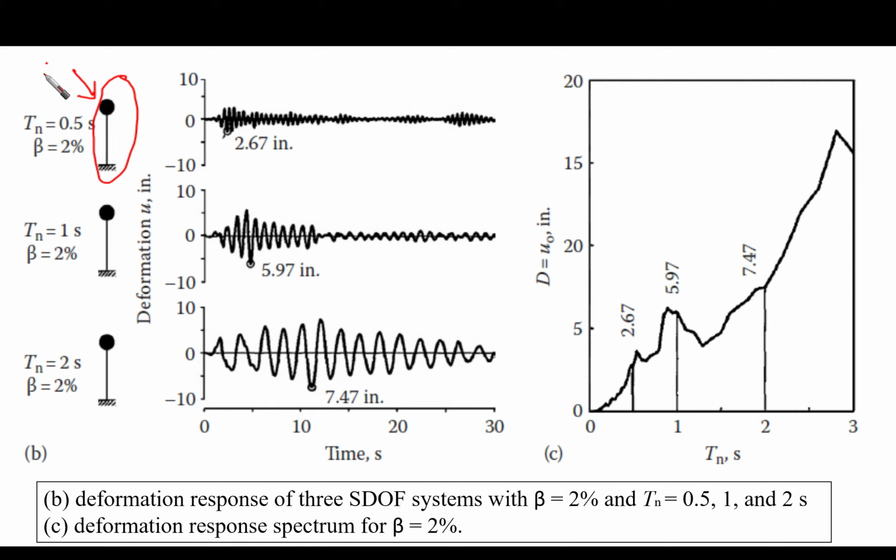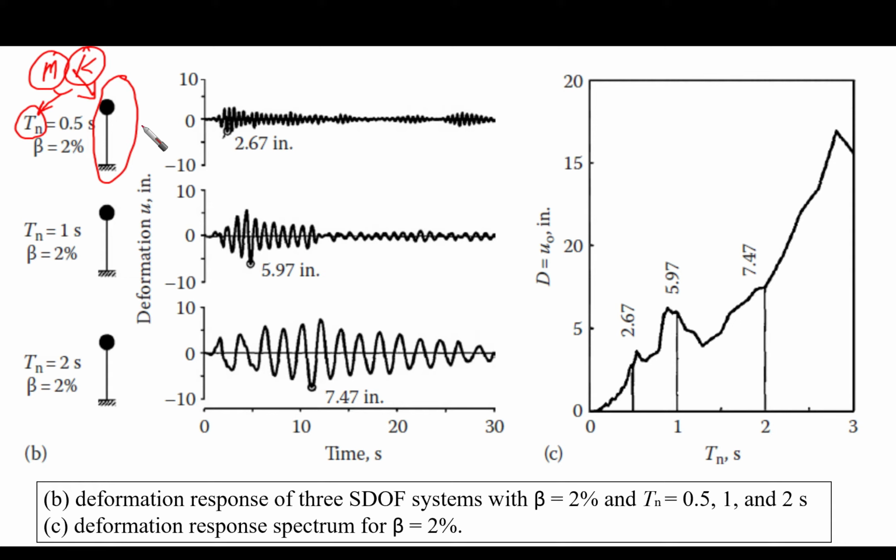It has mass and stiffness, m and k. These two values we can represent using the natural period of this system. So whenever we are dealing with a single degree of freedom system, we can represent this system simply by Tn, because it represents the mass and the stiffness. I already mentioned this issue in the previous video; you can take a look at it.